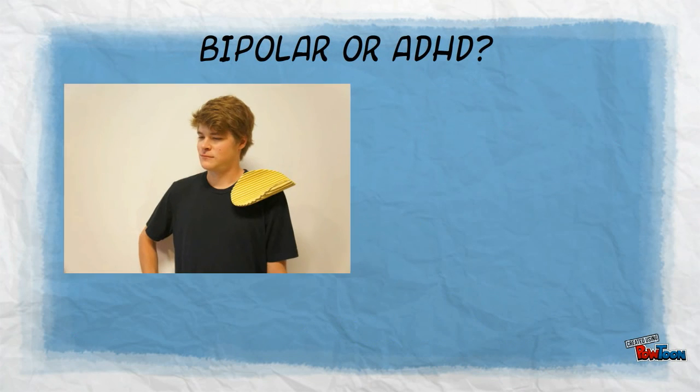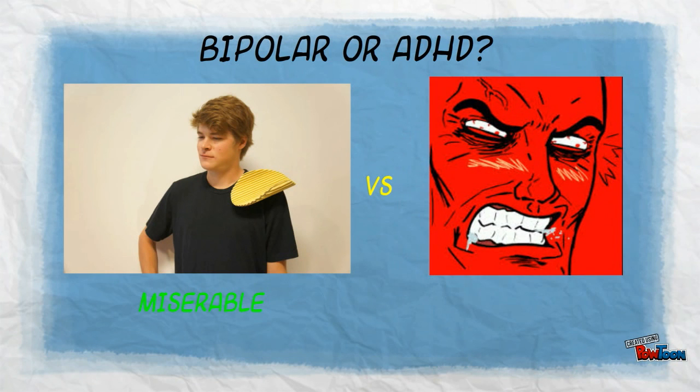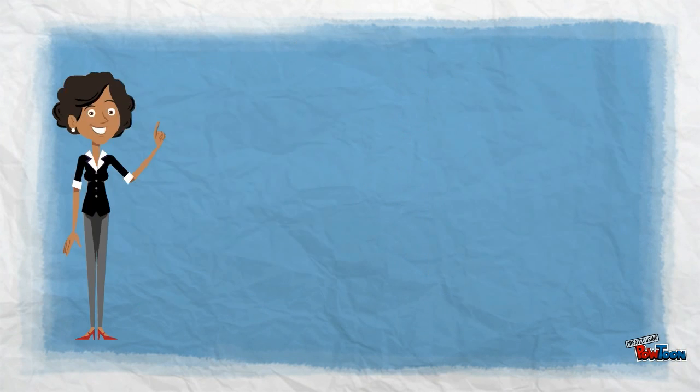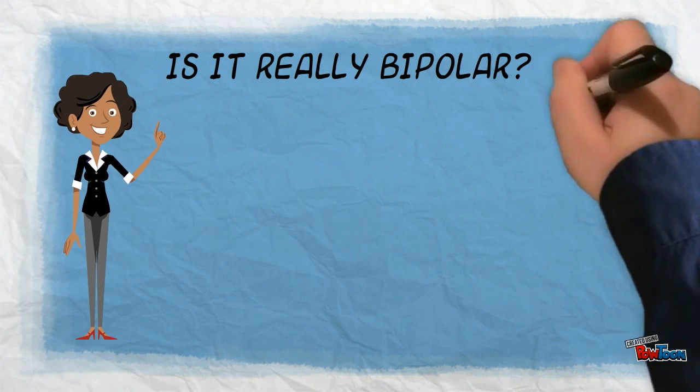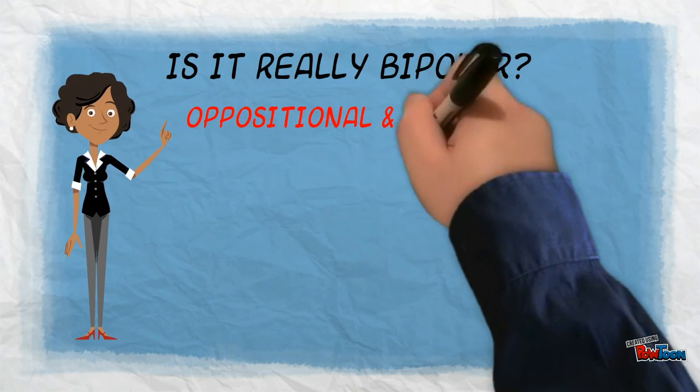Children with bipolar disorder often walk around with an angry chip on their shoulder. They seem to look miserable for no apparent reason. In ADHD, kids are usually quite fine until the moment that something frustrates them or overwhelms them. Children with bipolar disorder show more oppositional and defiant behaviors.